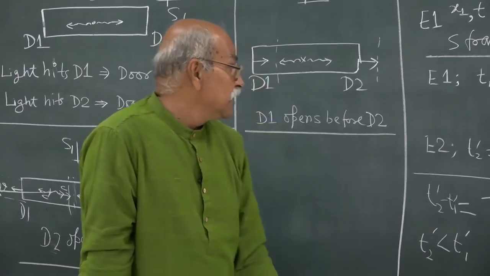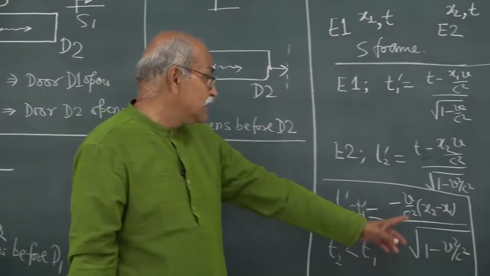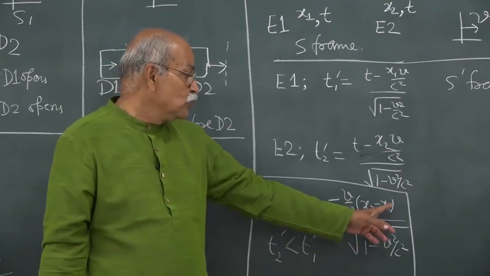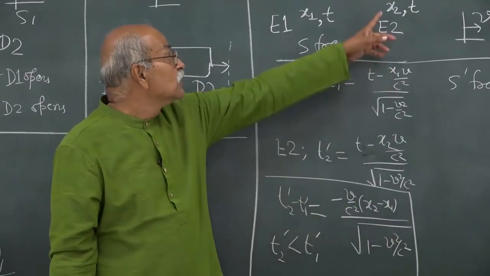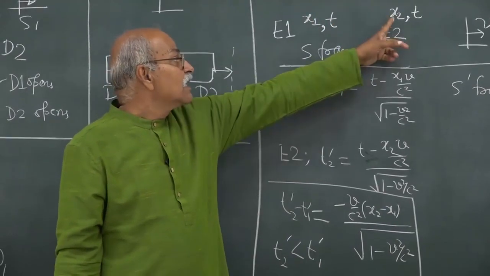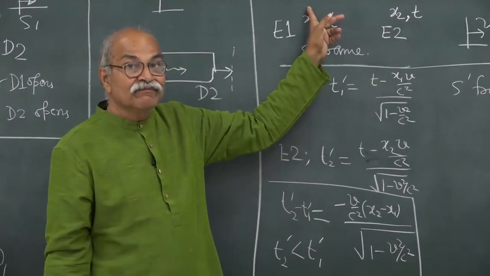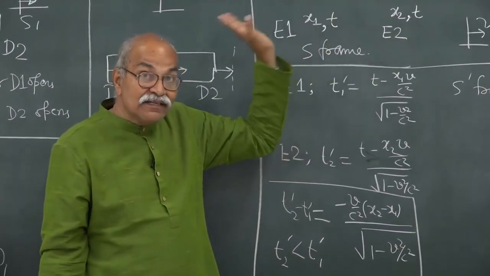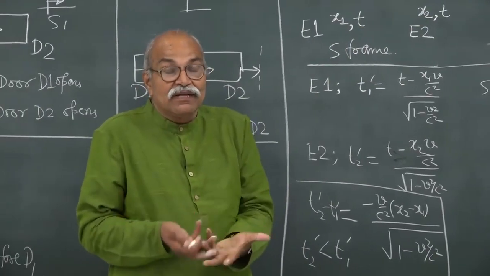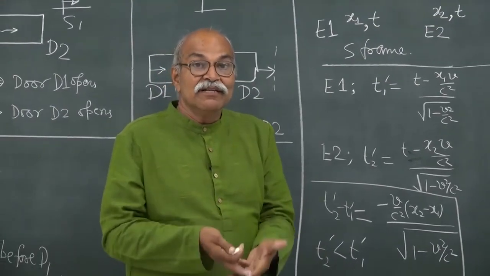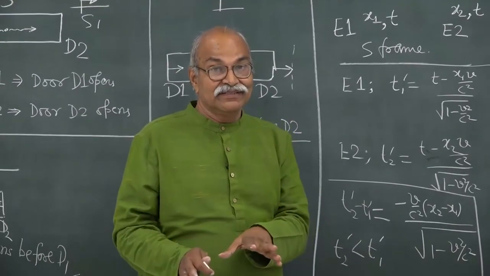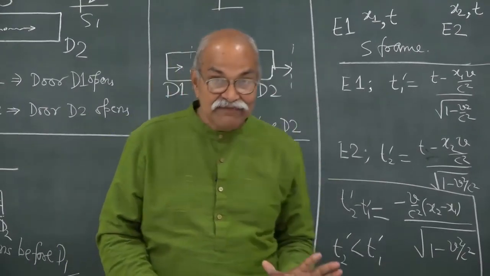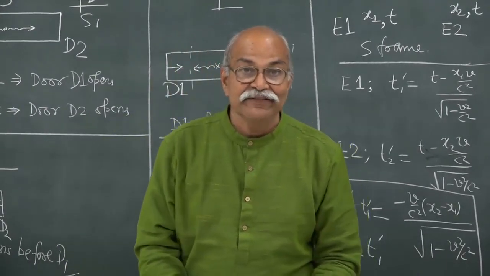But then suppose x2 minus x1 is 0, x2 and x1 are same position. In that case, if two events are occurring there itself and they are simultaneous, they will remain simultaneous. So this is about relativity of simultaneity.